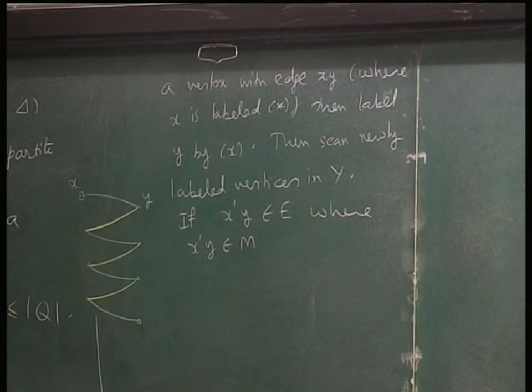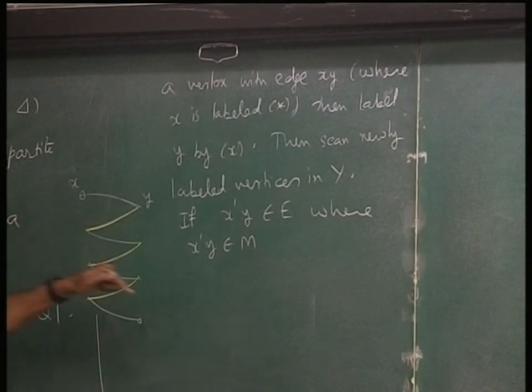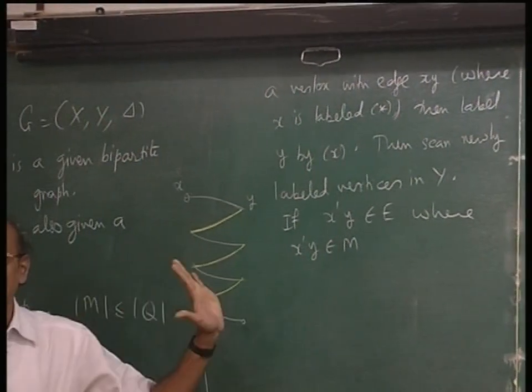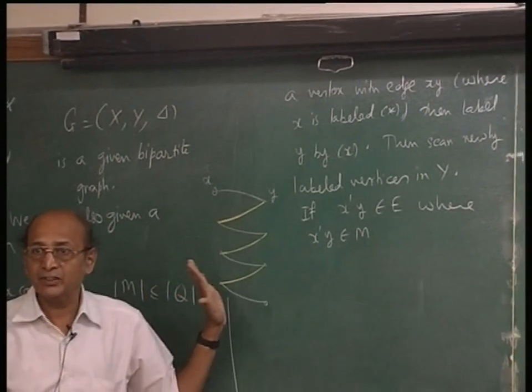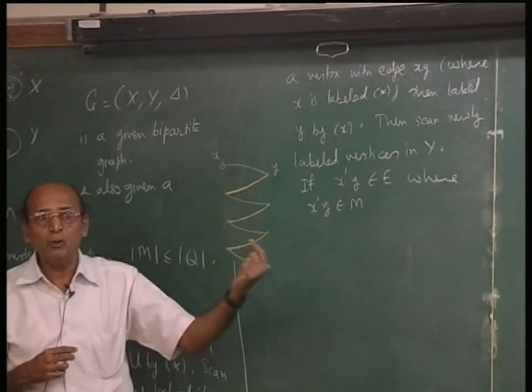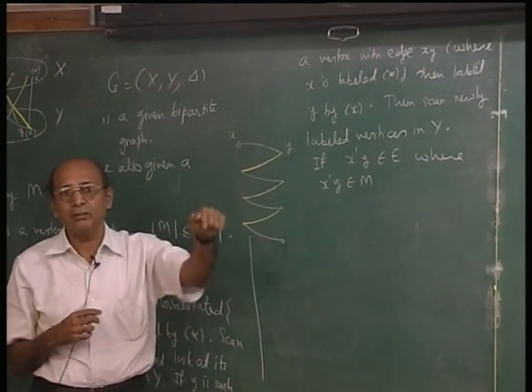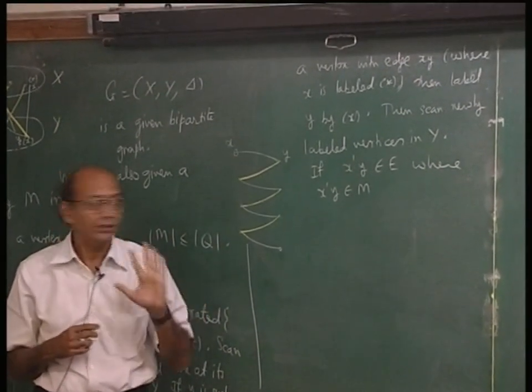Is that clear? I mean, thumb rule. Forward not in the matching, backward in the matching. That is a guiding principle in this entire running of this algorithm. All the time when you move backward, backward movement means from Y to X, Y to X in the matching.